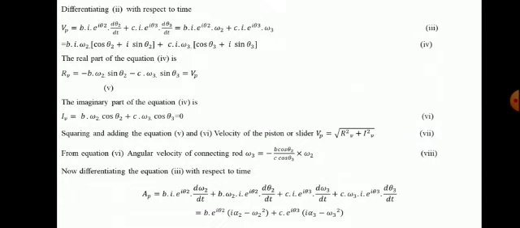In equation 3, you can see AP is equal to b i e^(iθ2) dω2/dt plus b ω2 i e^(iθ2) dθ2/dt. Once you do it for ω2 and once for dθ2.